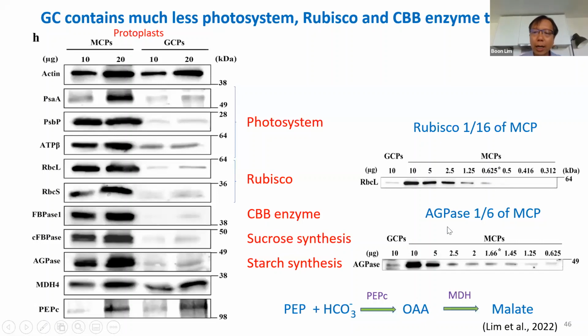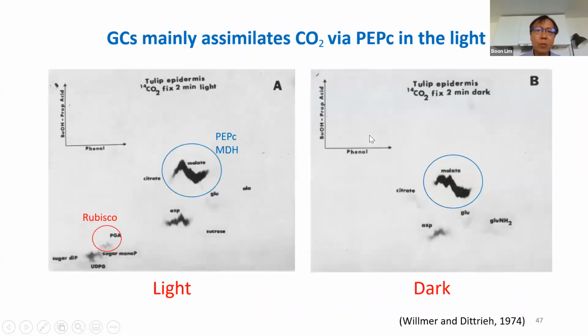And then we also titrated the amount of Rubisco of guard cell protoplast and mesophyll cell protoplast, and we find that in the guard cell protoplast, its Rubisco is about 1/16 of mesophyll by protein weight. Whereas the starch synthesis enzyme AGPase is 1/6 of the mesophyll by titration.